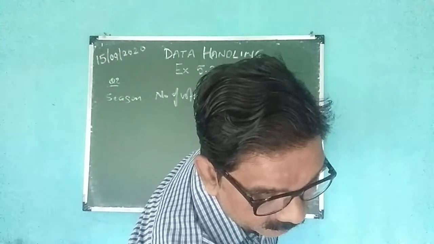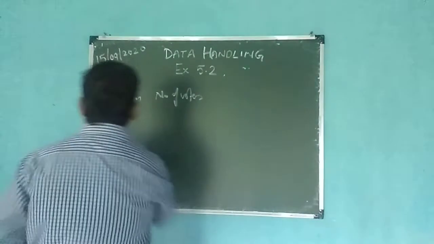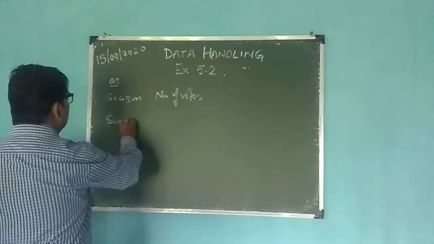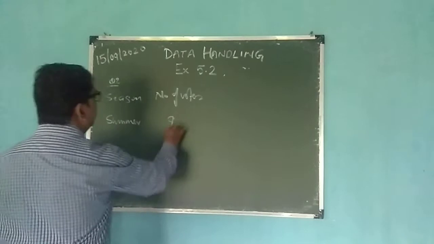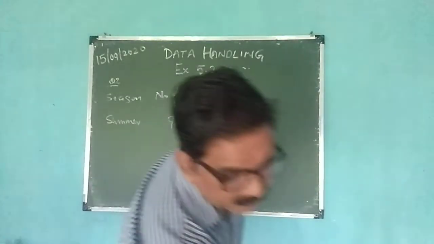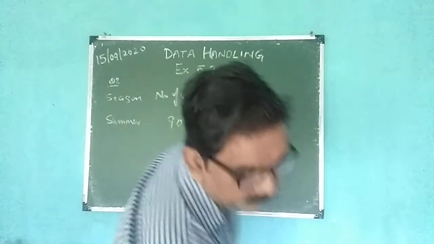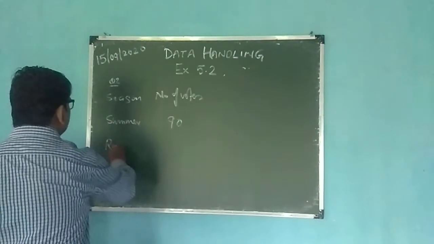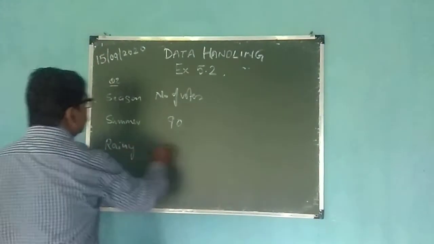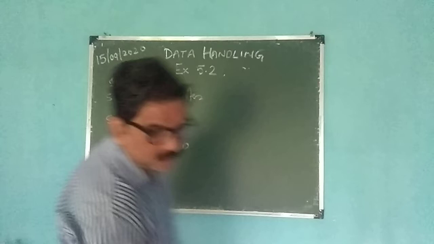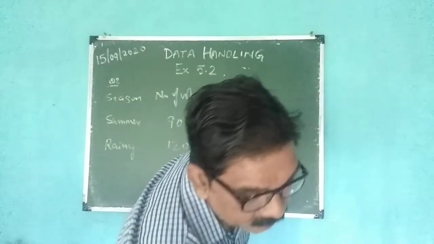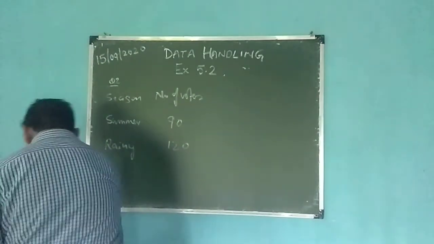Now first, against summer they have given 90. Against rainy they have given 120. And against winter they have given 150.